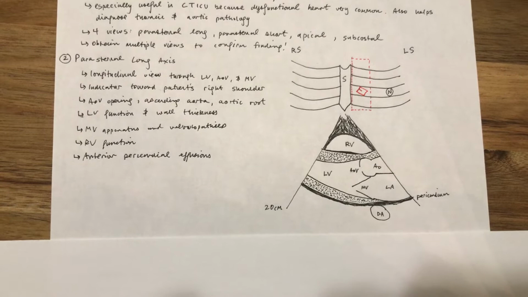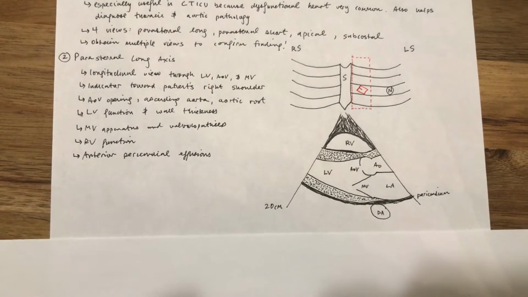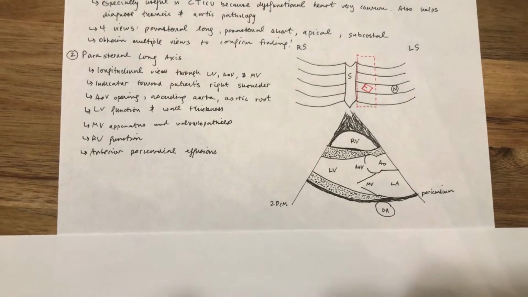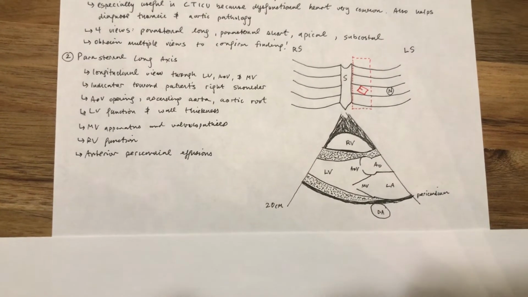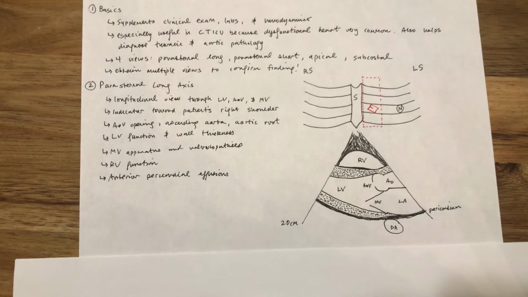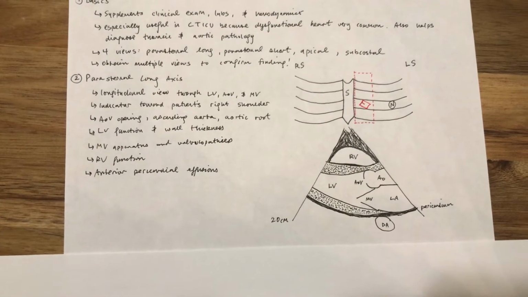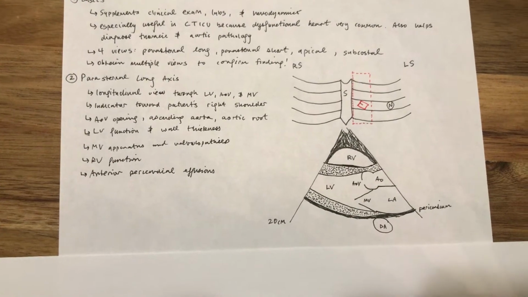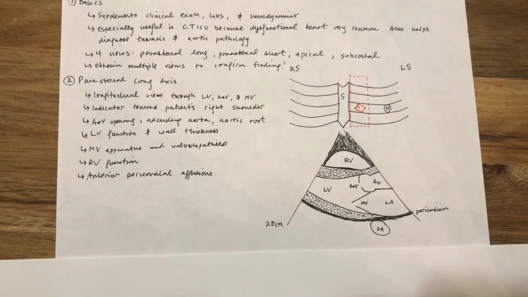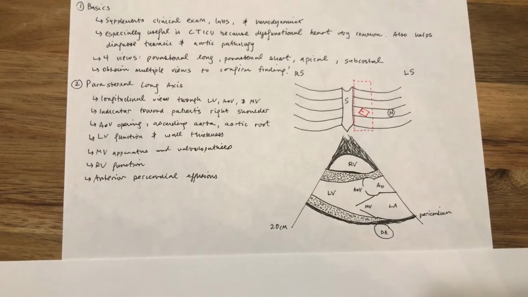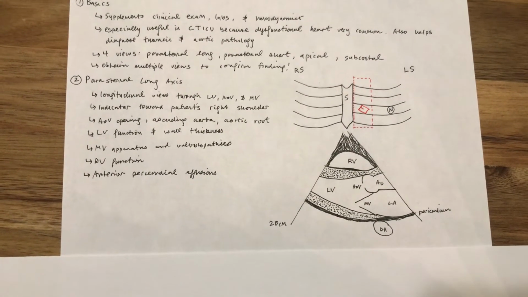You can see the aortic root, aortic valve, left ventricle, the mitral valve, and the left atrium. And for the right ventricle, you're going to see the free wall, and it's also useful to see anterior pericardial effusions. So those are the things that you're looking for in parasternal long.